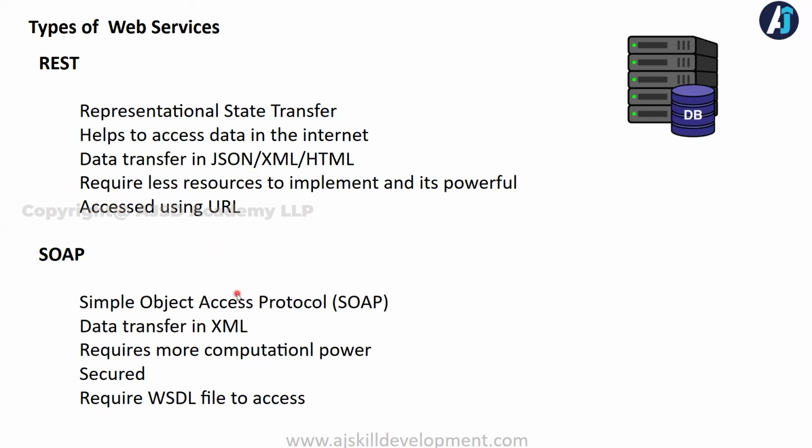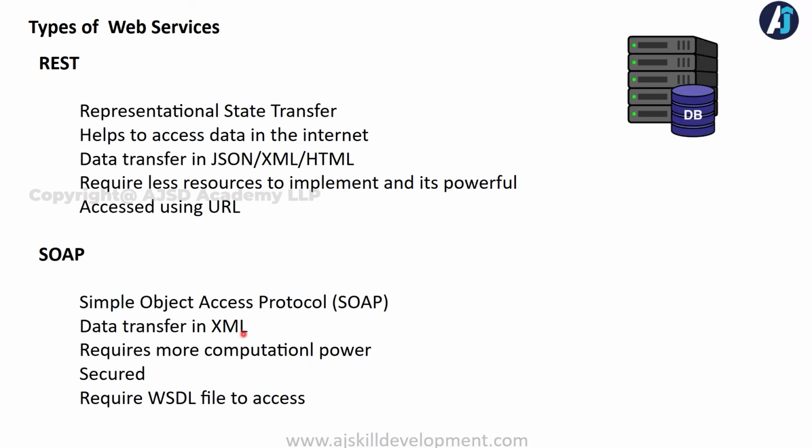The SOAP service transfers the data only in XML format. The problem with SOAP services is that building them requires more effort, because a lot of computational power is required to build them. One thing in favor of SOAP is that it is more secure, and there is no URL to access SOAP services.